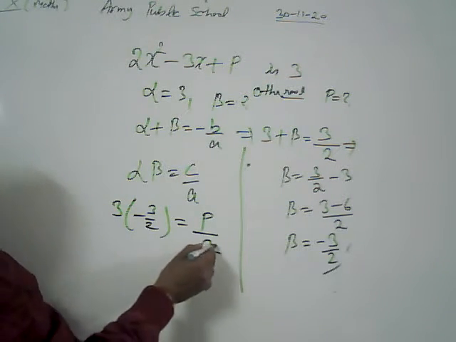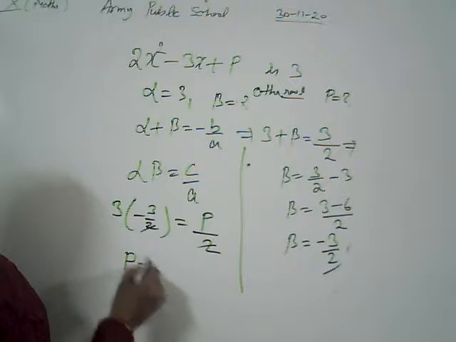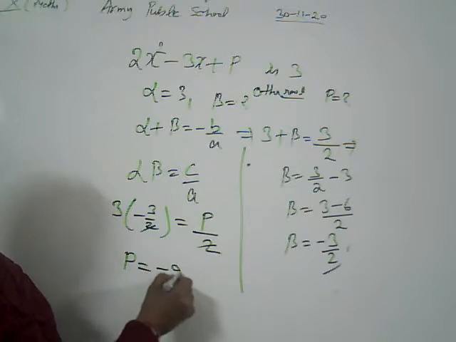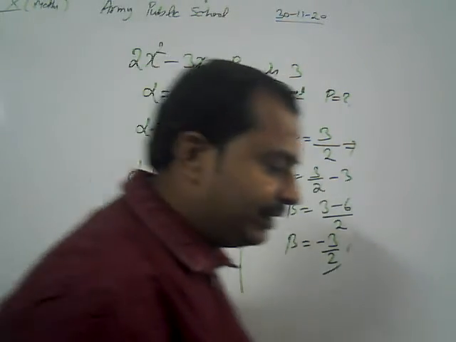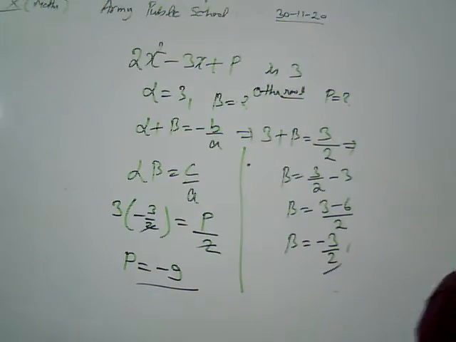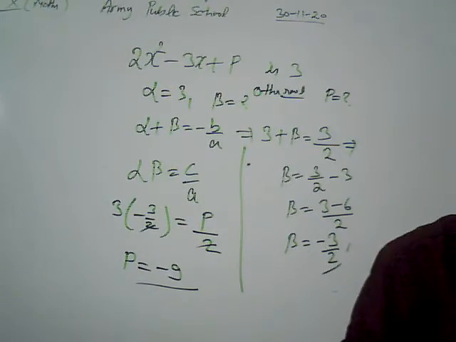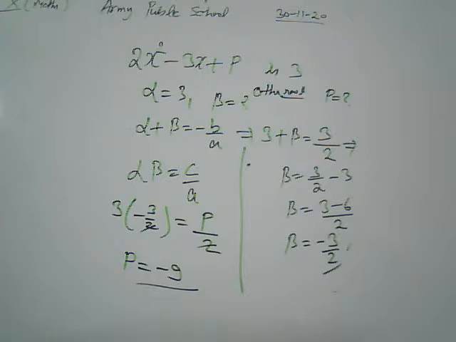From here we get the value of p as minus 9. So we have found the value of p and also the other root.